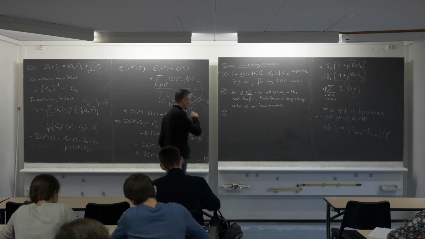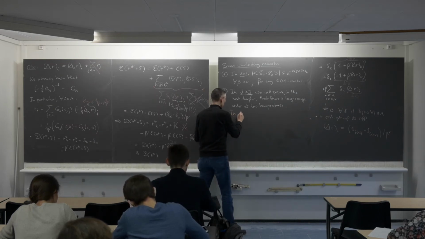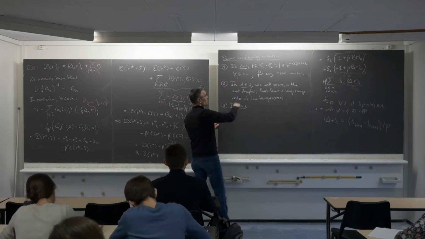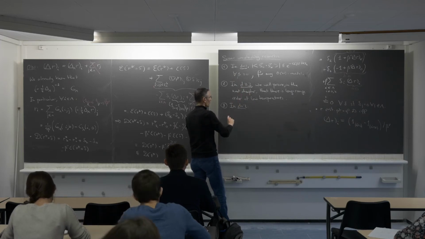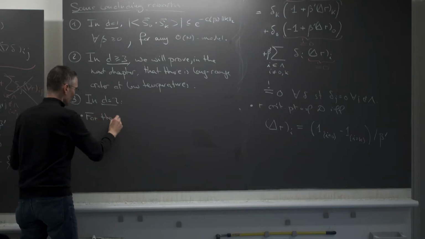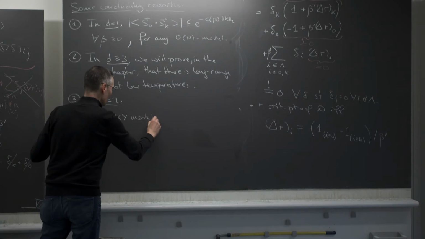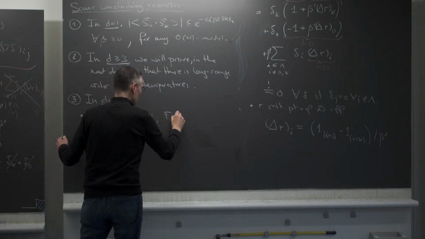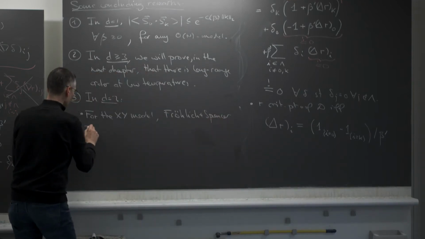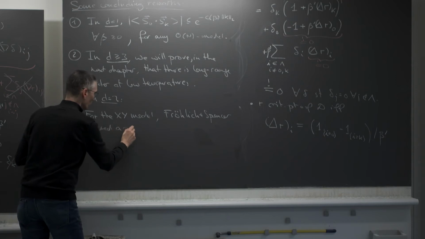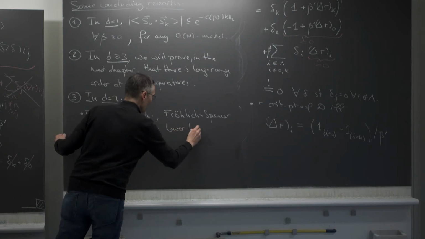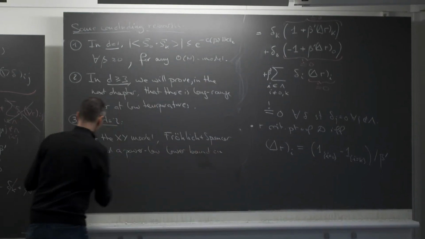So let me say about dimension 2, what is known. So now I have to be a bit more specific. The first statement was true for any ON models. The second statement is also true for any ON models. Here I have to distinguish. So for the XY model, Fröhlich and Spencer proved a power law lower bound on the two-point function.